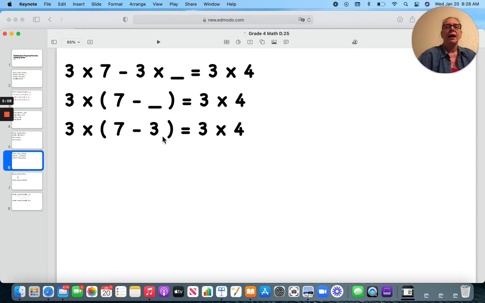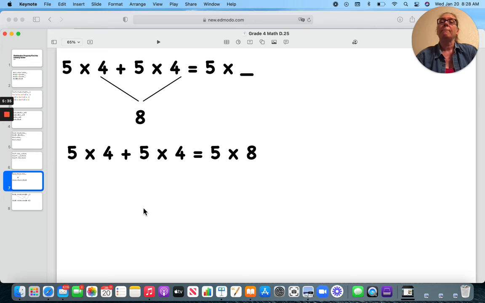And that's how I got this. 7 minus 3 is 4, which would make this 3 times 4 equals 3 times 4. Some of you might have been able to just go, oh, I have to take my 4 and subtract it from my 7, and that gives me 3. Some people are going to want to go through the steps. That's okay.